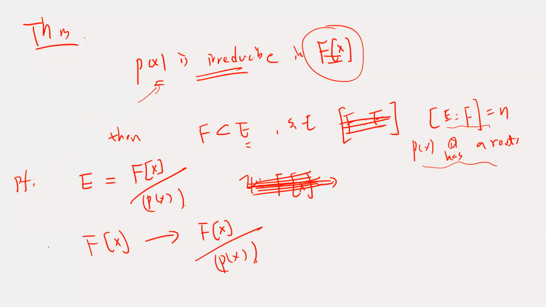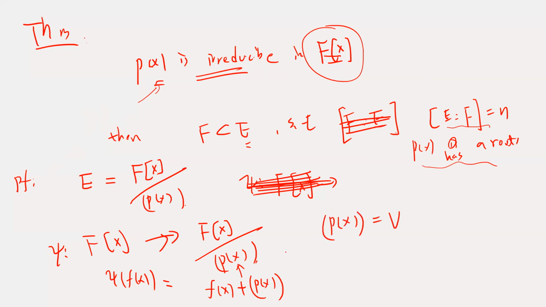So let's define psi: any f(x) is mapped to the same thing, but modulo P. This is just a surjective map, basically mapping to f(x) plus the ideal. Any element in this is just f plus the ideal generated by P. Let me just call this ideal V.